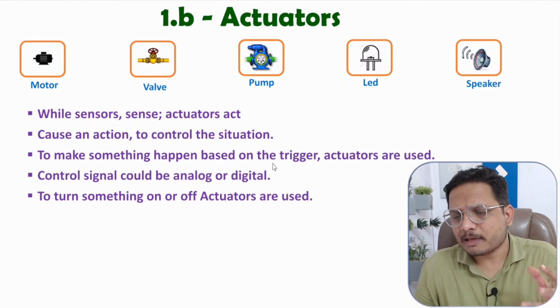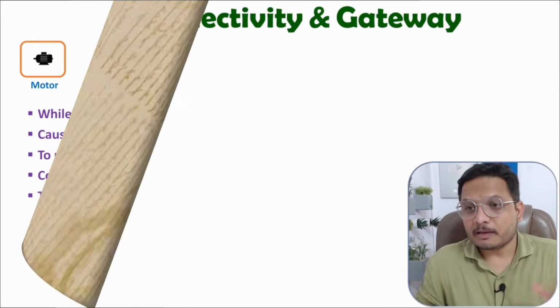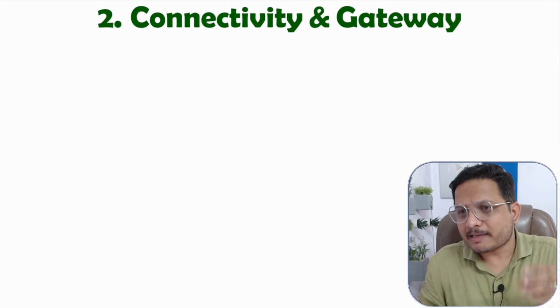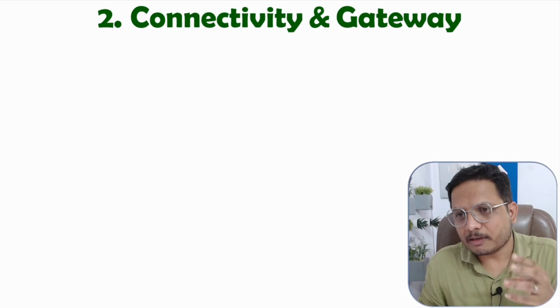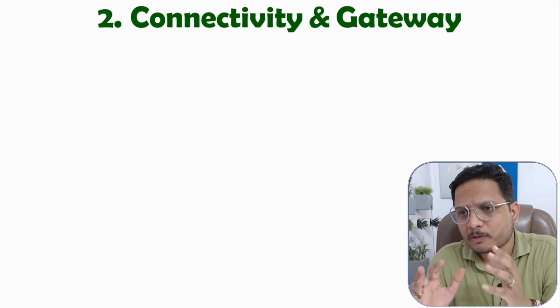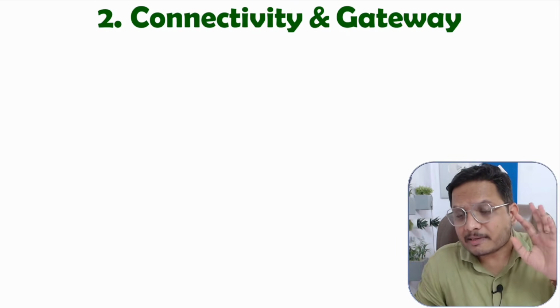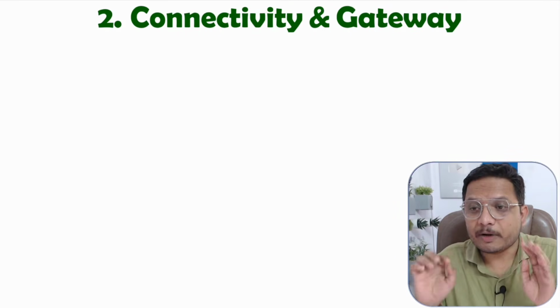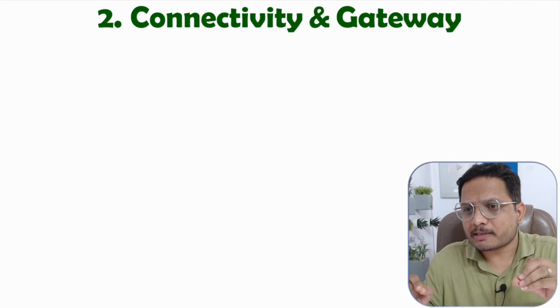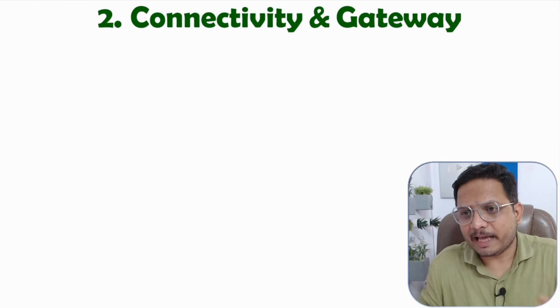Now let us discuss the second IoT component, that is connectivity. This connectivity and gateway is the second component of the IoT ecosystem. Connectivity and gateway protocols make sure there is a smooth interconnection between sensors and actuators with the IoT cloud. You need to understand a few essential rules of connectivity and gateway.